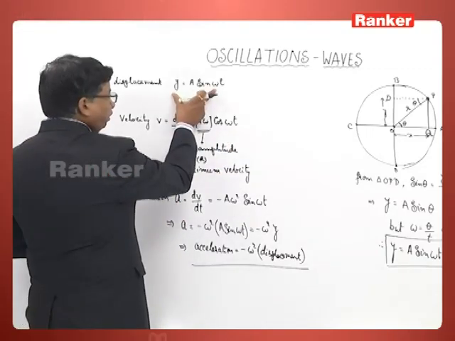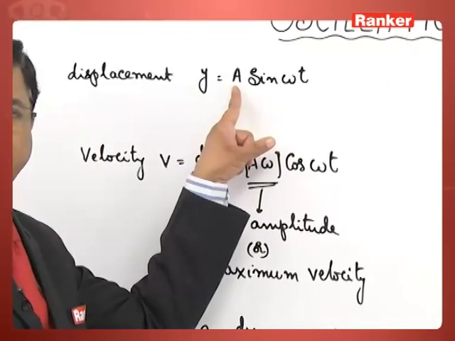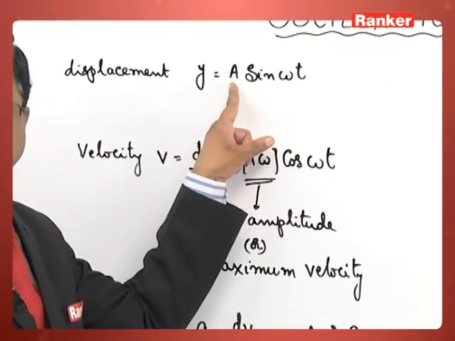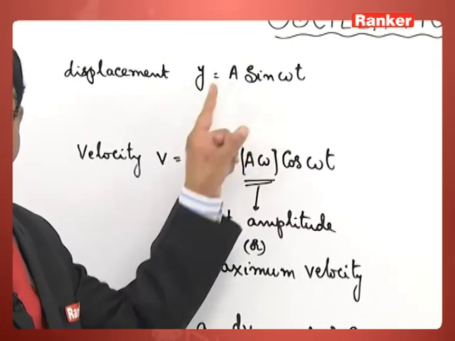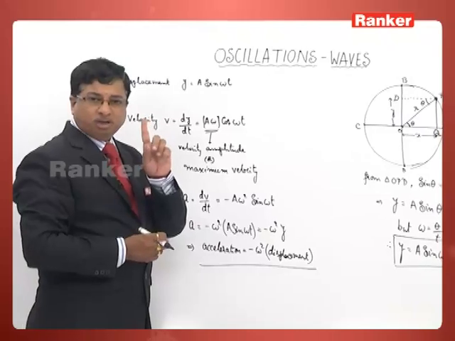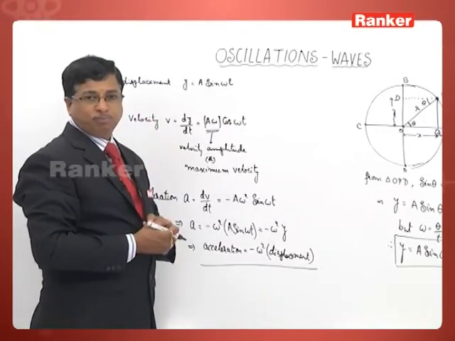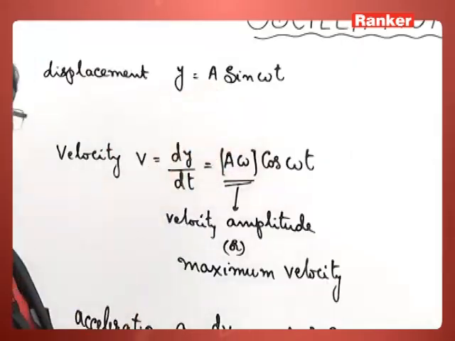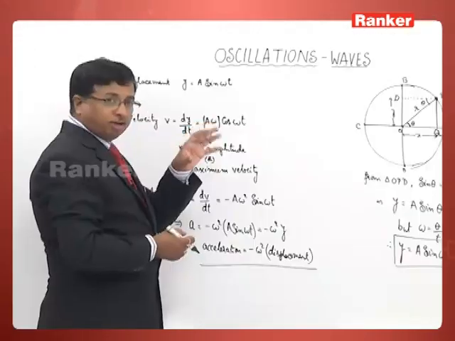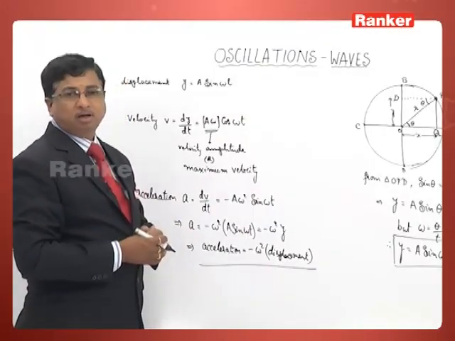When you consider the displacement equation carefully, the amplitude of oscillation of a particular body will definitely be constant. As far as a wave is concerned, there will be only one maximum displacement, unless it is a damped oscillation or a damped wave. So amplitude remains constant, sine function remains constant, omega remains constant for a particle.